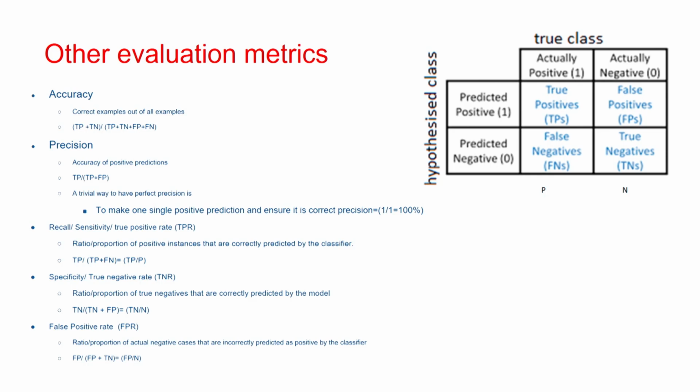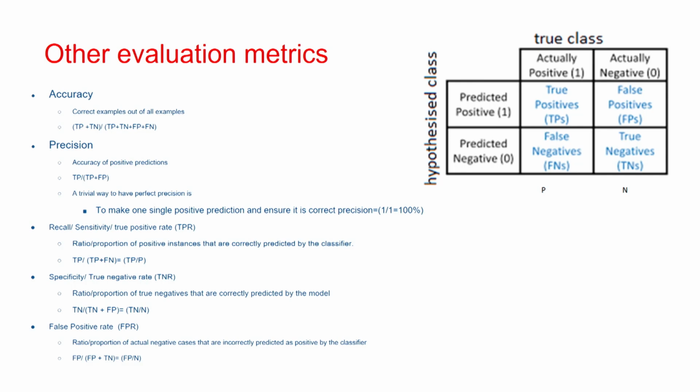And the next evaluation metric is the false positive rate. The false positive rate is the ratio, or proportion, of actual negative cases that are incorrectly predicted as positive by the classifier.